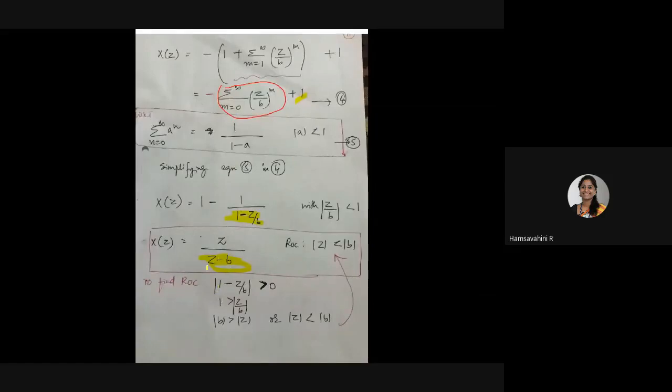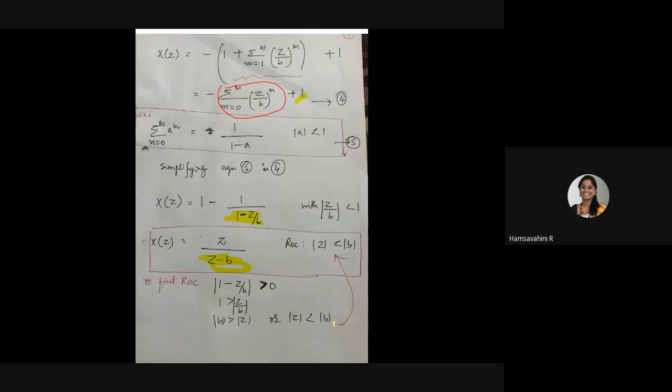Here, 1 minus z by b should be greater than 0, or 1 is greater than z by b, or b is greater than z, or z should be less than b. So we will get the ROC: mod z should be less than b.